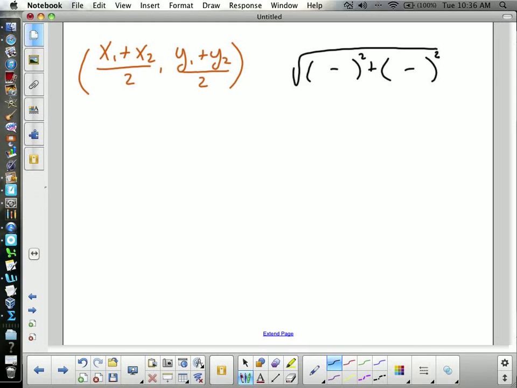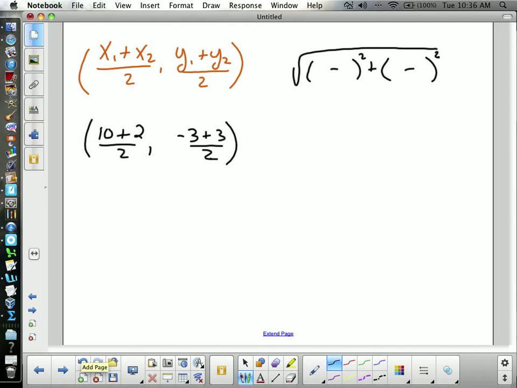Now it says, given the endpoints 2, -3, and 10, 3, find the midpoint. Again, relatively straightforward. So 10 plus 2 over 2, -3 plus 3 over 2.